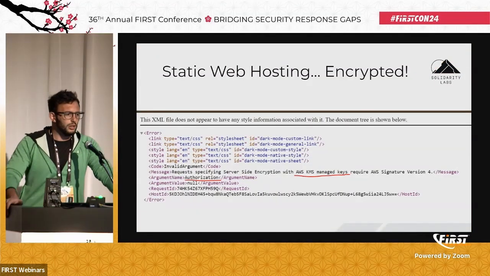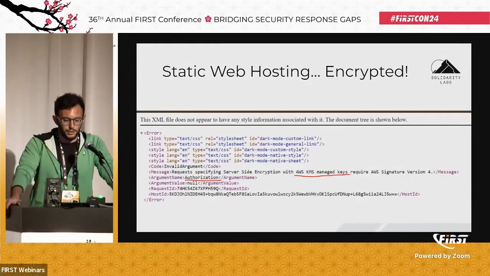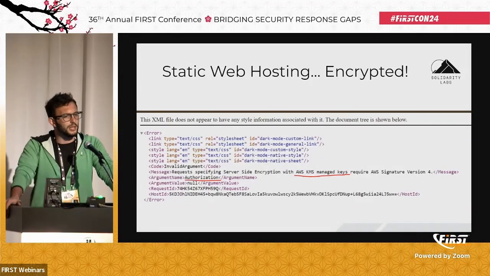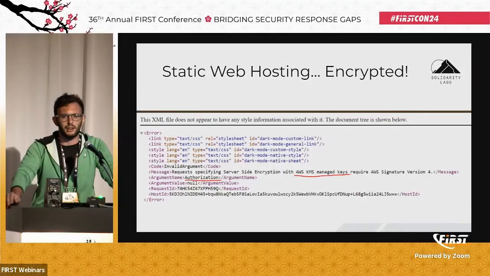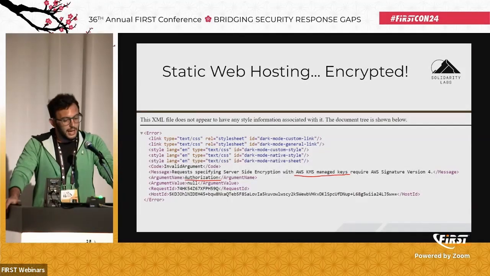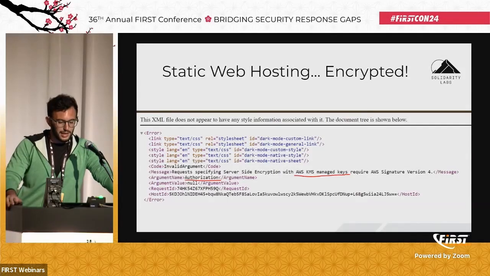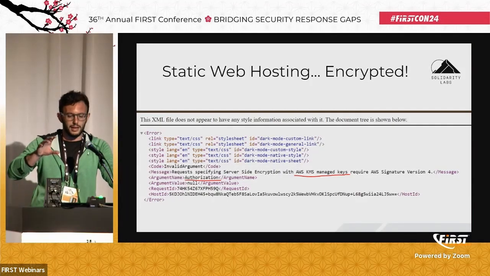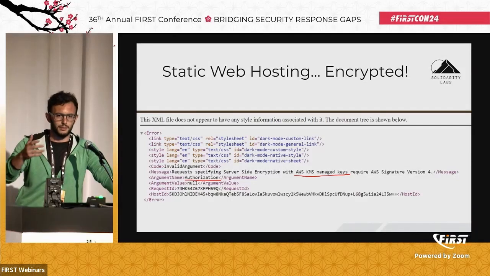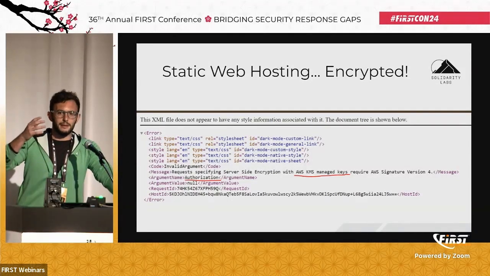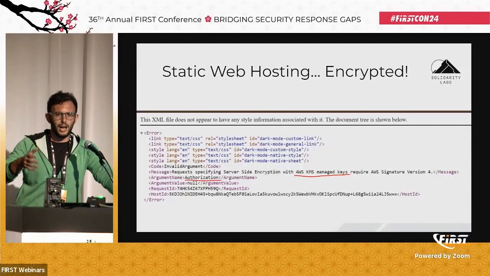We got called by a client with this message. This was what they were seeing on their website. As you can see here, this is an S3 bucket with public static web hosting. So they were using the cloud, using S3 buckets to publish their website.